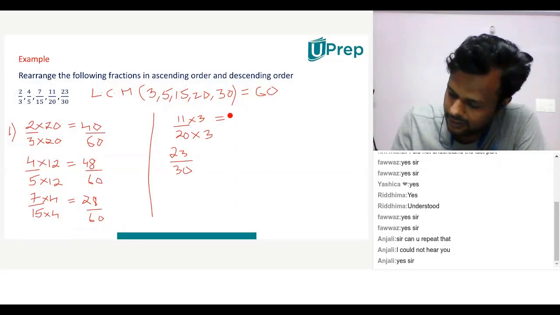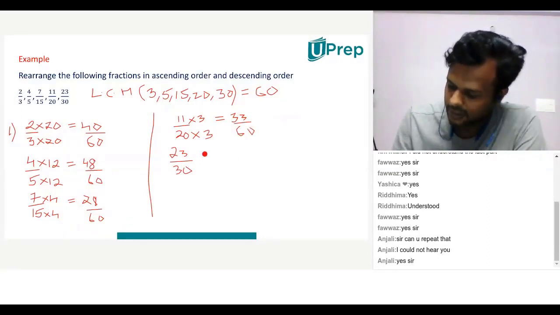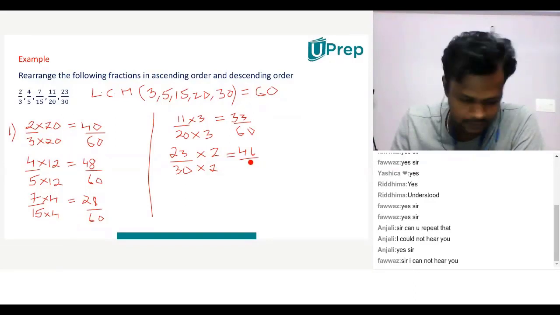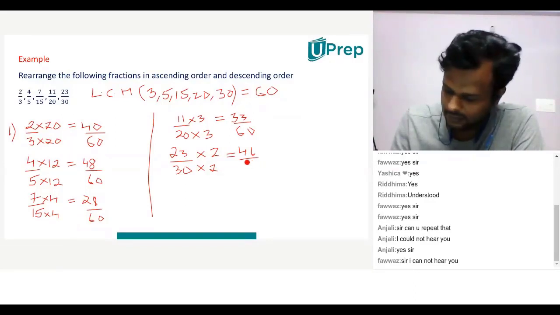So I get 33 by 60. And here in the last case, children, I will multiply the numerator with 2 as well as the denominator with 2. So I'll get 46 by 60.